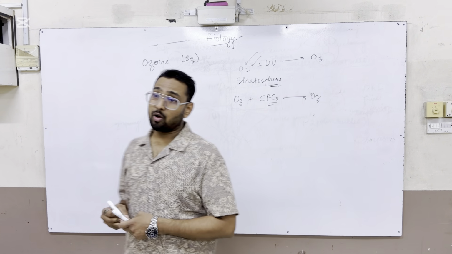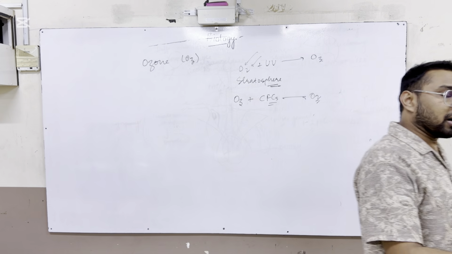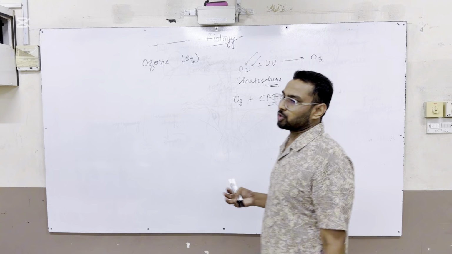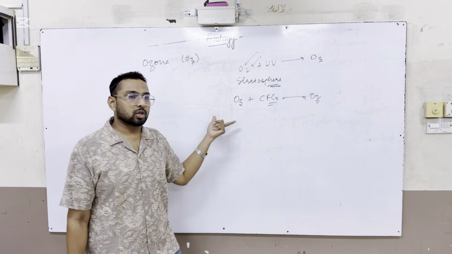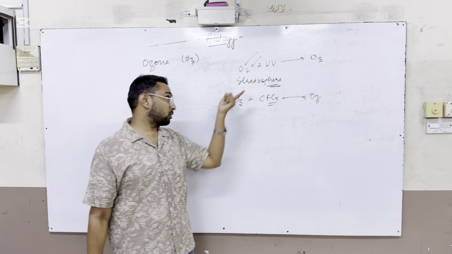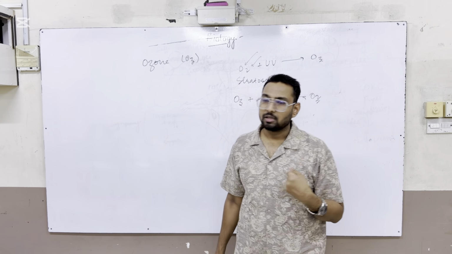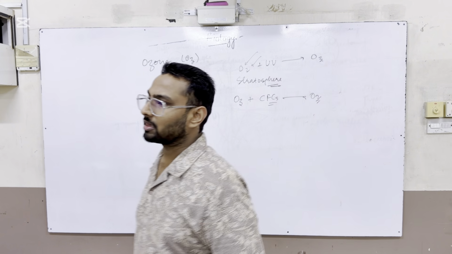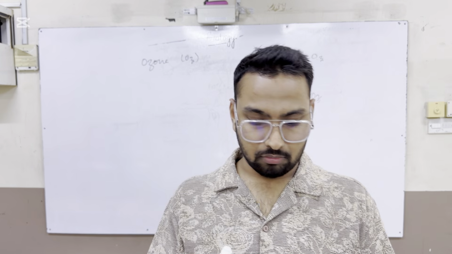You may wonder, wow, it is a good thing that ozone is converting into oxygen. Oxygen is required by us, but the amount of oxygen we require is already present on the earth. We cannot afford this at the cost of ozone depletion, because when the ozone layer is depleted, it will allow ultraviolet radiation to reach the earth. When it falls on our skin, it may cause skin disease. Yes or no? These questions are all important.